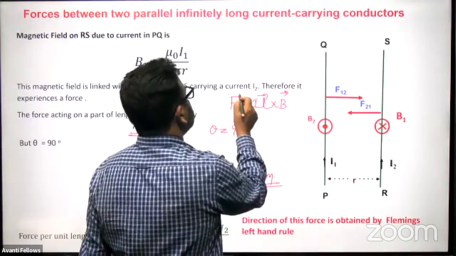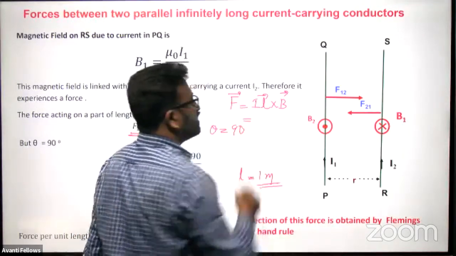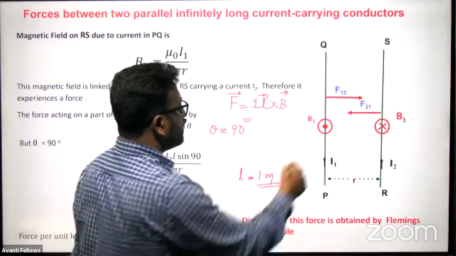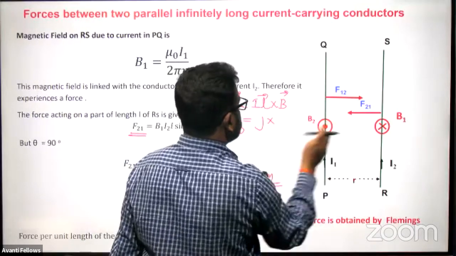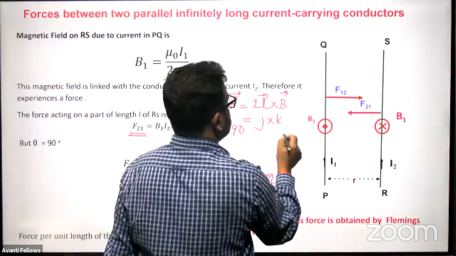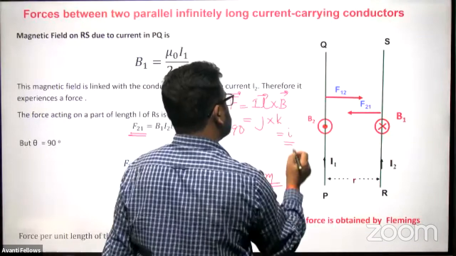You can also see this from IL. What is the unit vector for IL? It is J. J cross B, and B is K. J cross K is equal to I. It is towards right.